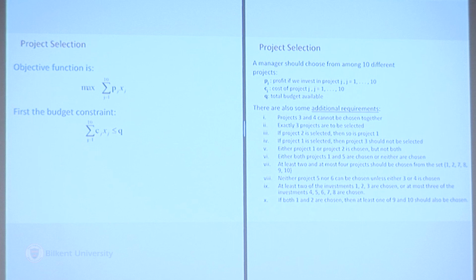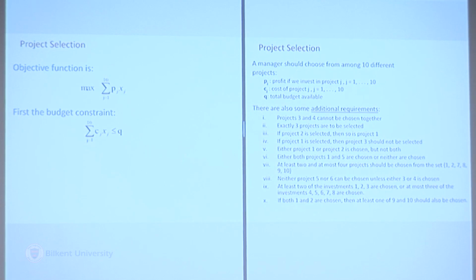What else? If project 1 is selected, then 3 cannot be selected. Okay, what else? 1 or 2 chosen, but not both. All right, so you see, we have many things going on. And this is just a quick example for representing these types of situations. Like the last 2 have more general meanings too. I'll come to them one at a time.